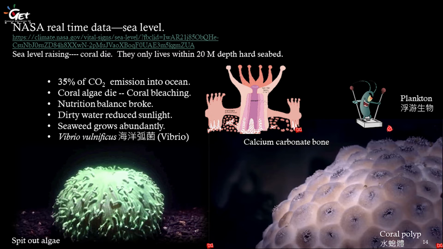And if the situation goes this bad, all the algae in the coral body will be ejected, and the coral polyp, the hand of the coral polyp, will turn crystal, which means without the color, it turns crystal, and it shows the color of the coral bone, which means they will become white.